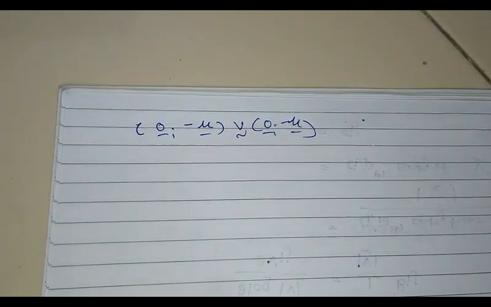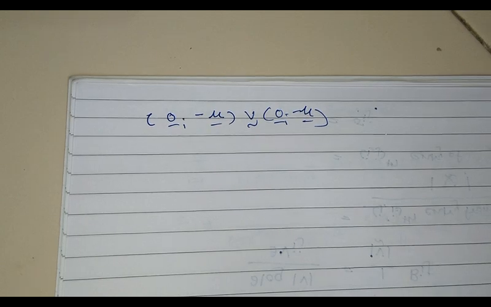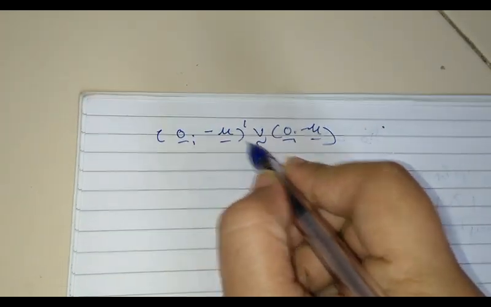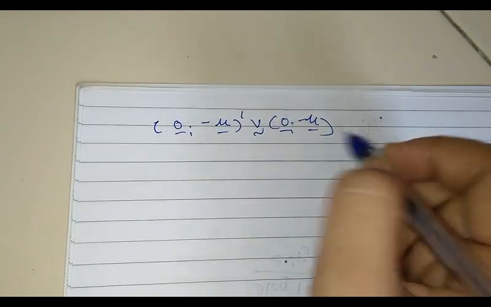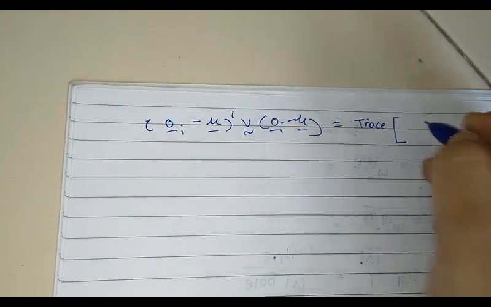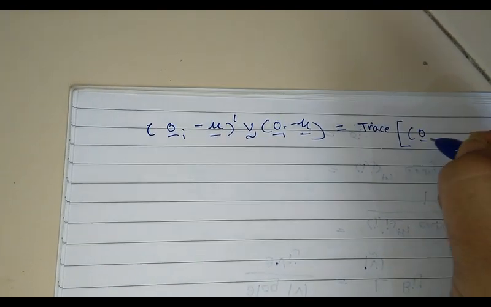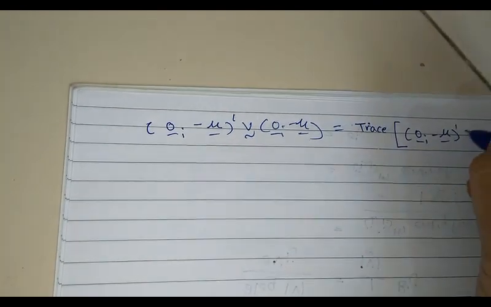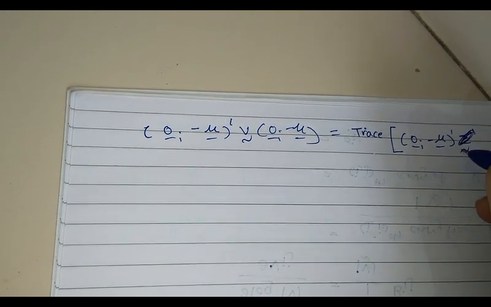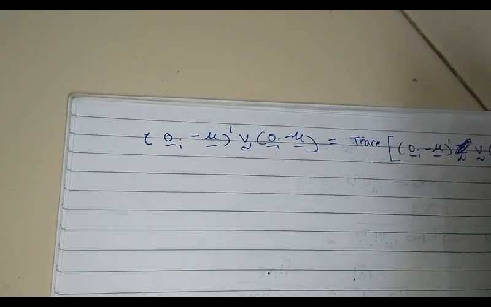Now this I have to differentiate with respect to V. We know that y minus mu prime V y minus mu order is 1 cross 1. So since it is 1 cross 1, I can write it as trace of itself. So it can be written as trace of y minus mu prime sigma inverse, which is actually V, I'm sorry, we are writing as V, y minus mu.